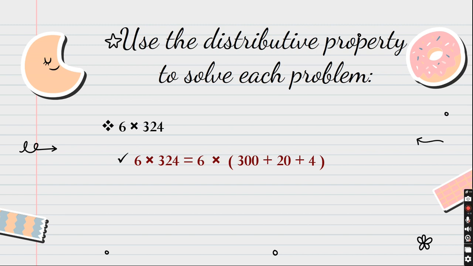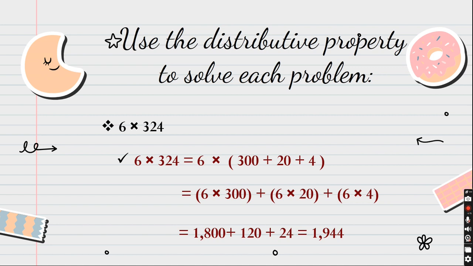Then we multiply 6 times 300 and 6 times 20 and 6 times 4. 6 times 300 equals 1800, plus 6 times 20 equals 120, plus 6 times 4 equals 24. Then we will add all the products. 1800 plus 120 plus 24 equals 1944. So 6 times 324 equals 1944.